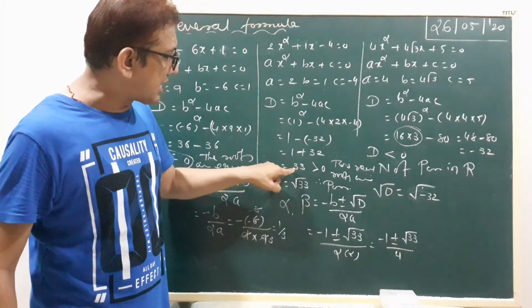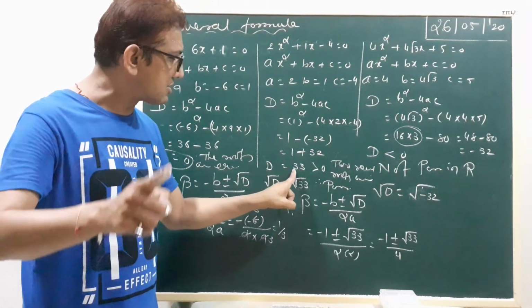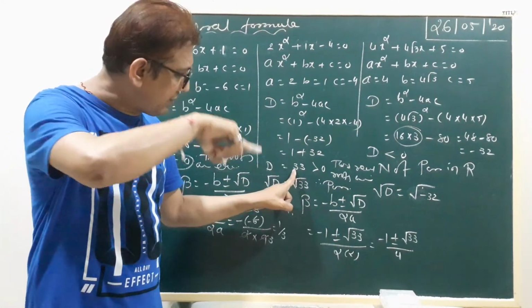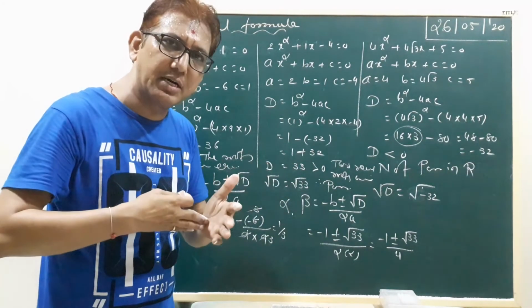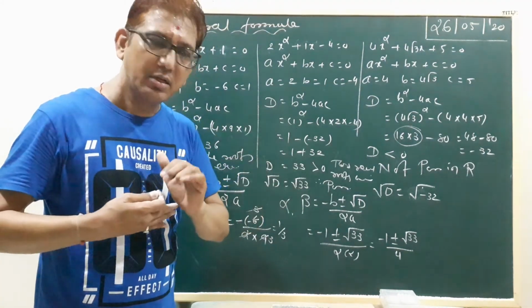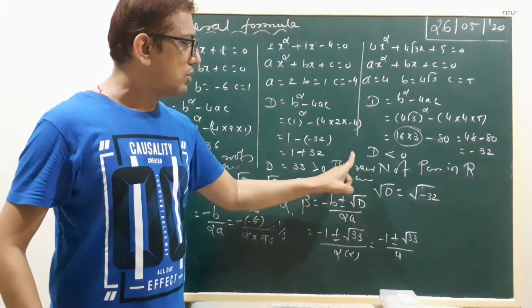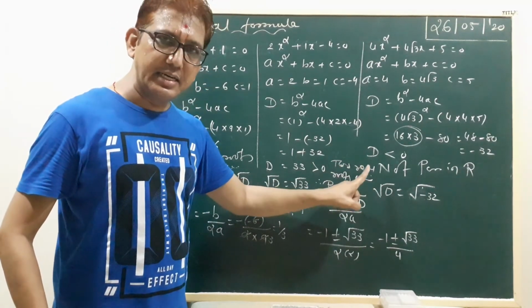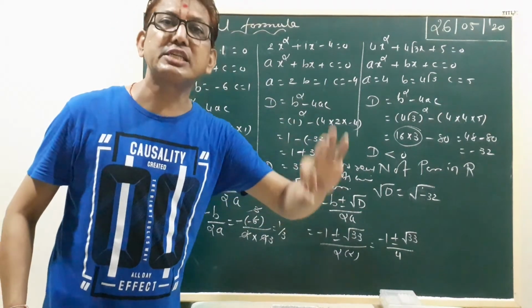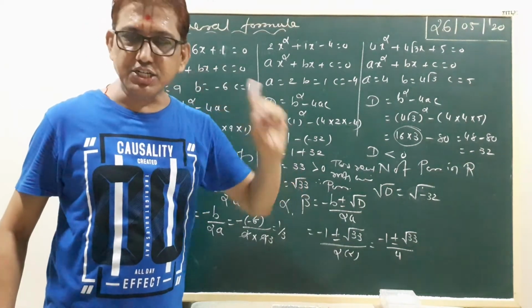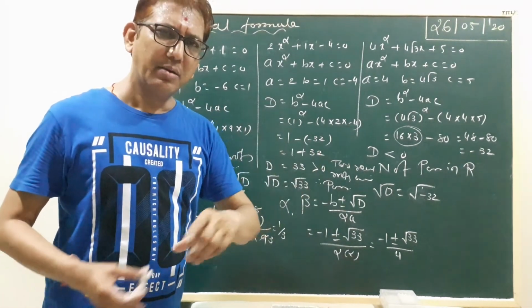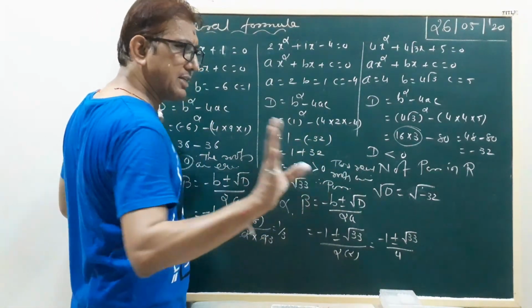Okay, if our discriminant is 64, then we write that 64 is a perfect square number, because the square root of 64 is 8. So we write: two distinct real rational roots are possible. Okay.